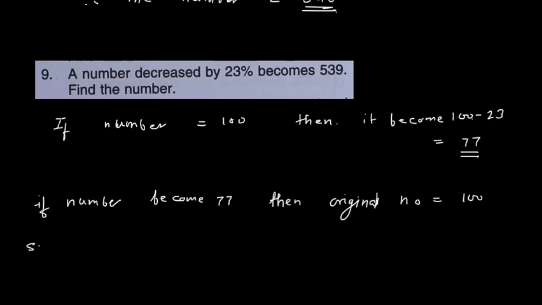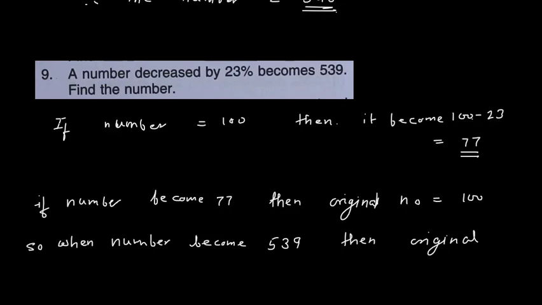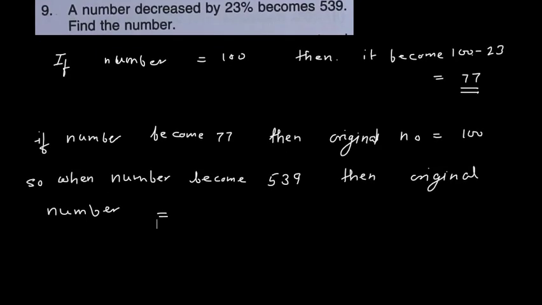So I will apply the unitary method. When the number becomes 539, then the original number is equal to, so if the number becomes 77, the original number is 100.